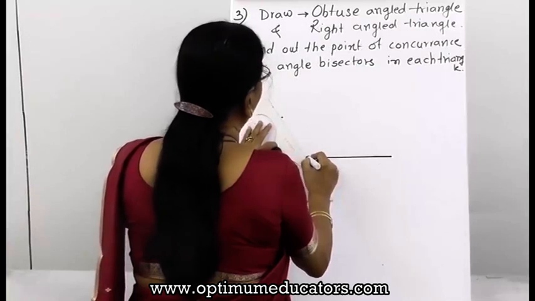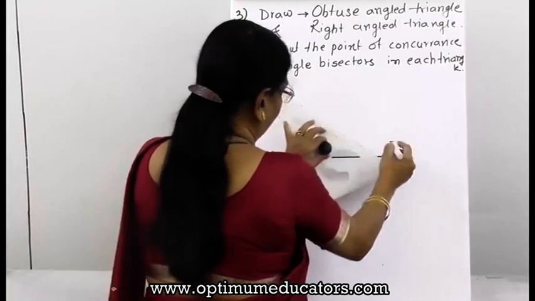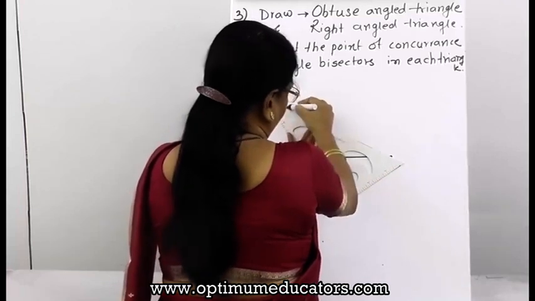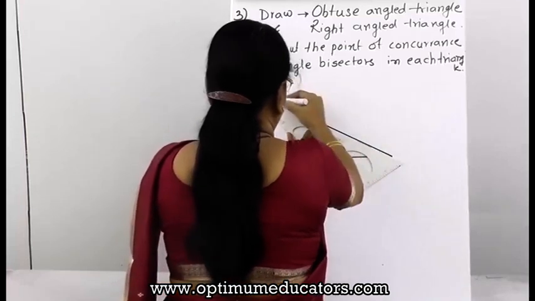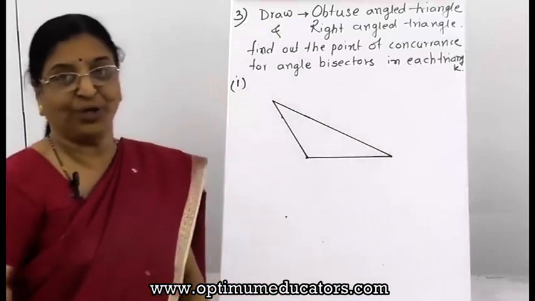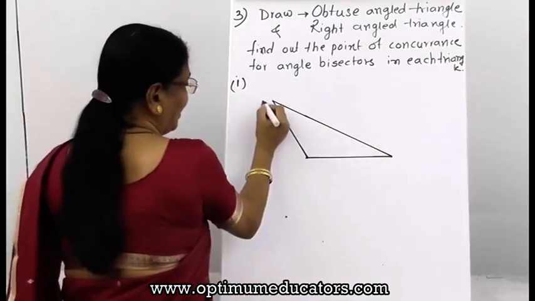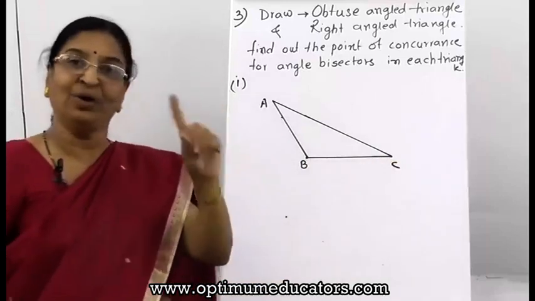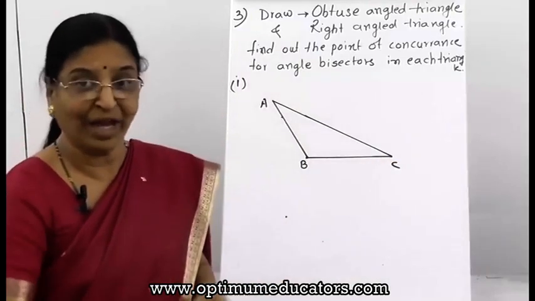See here, and now we can draw this obtuse angle triangle. Of course, this angle B is the one obtuse angle and the other two are acute angles. Now can you draw?